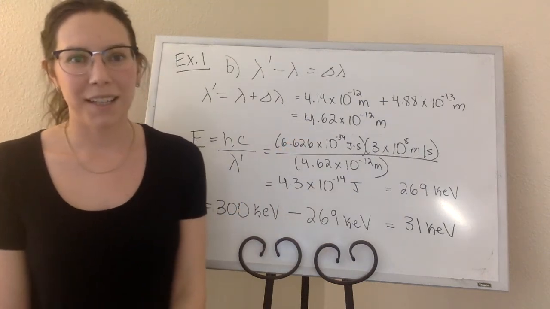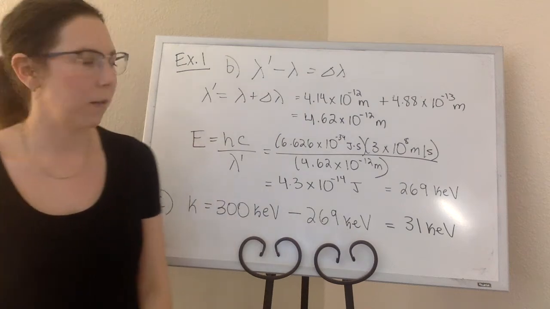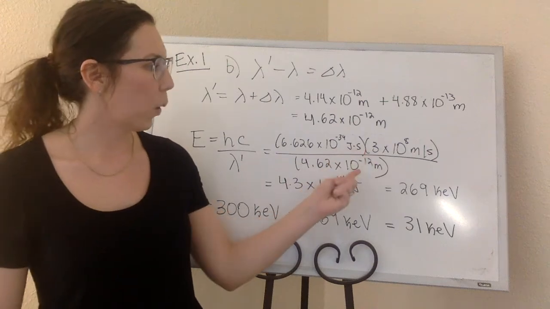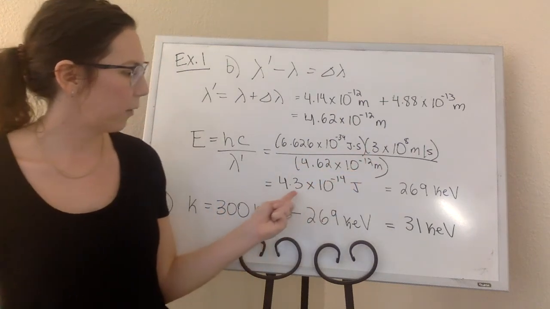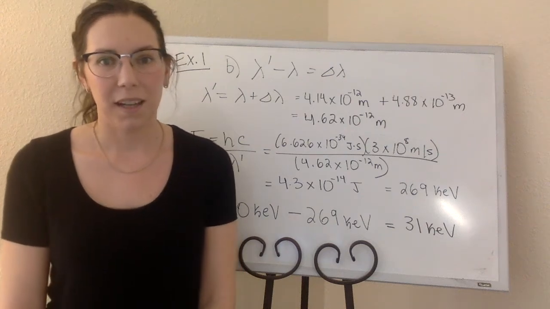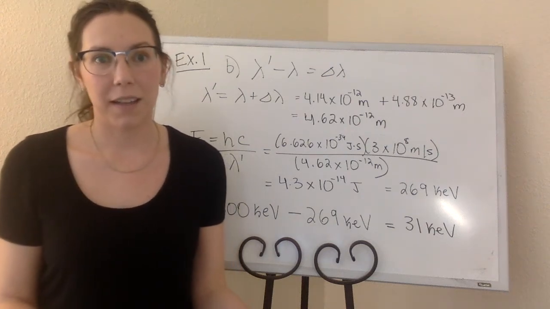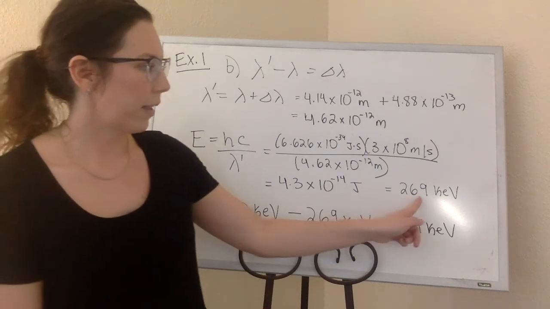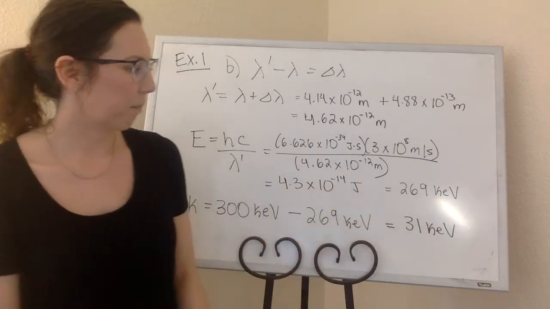Then we can plug it into the formula for the energy of the photon, which is E equals hc over lambda. Planck's constant times c over that wavelength we just found gives 4.3 times 10 to the negative 14 joules, which we can convert to electron volts using the conversion I did in part A, again, to give 269 keV.